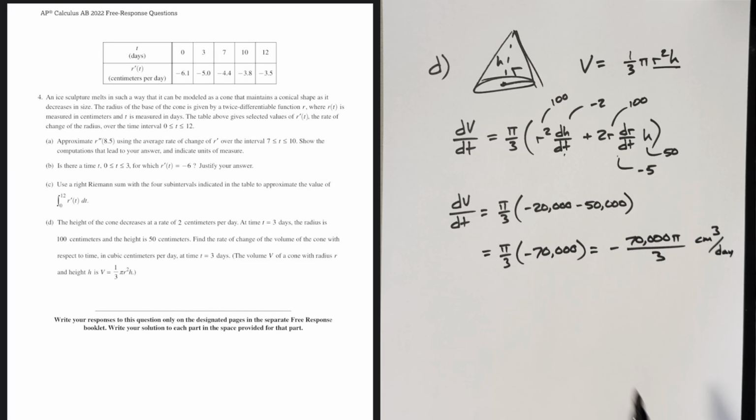If we got a positive value for our rate of change of volume, we would be really concerned. So it's good that we got a negative value. This answer is definitely scary, just because it's so big, a weird fraction, but that is our final answer.